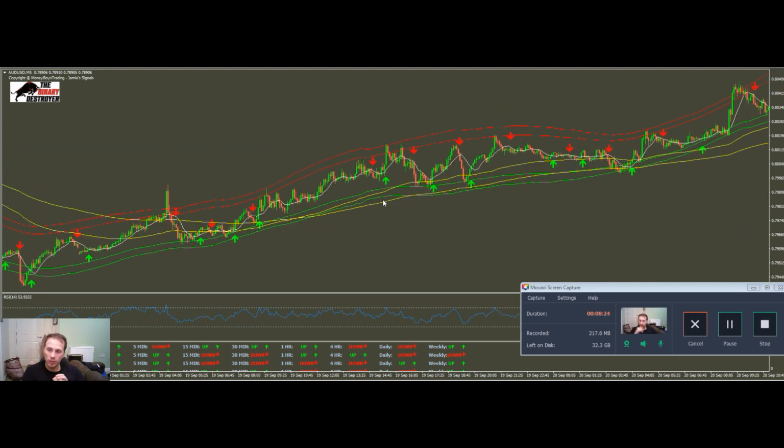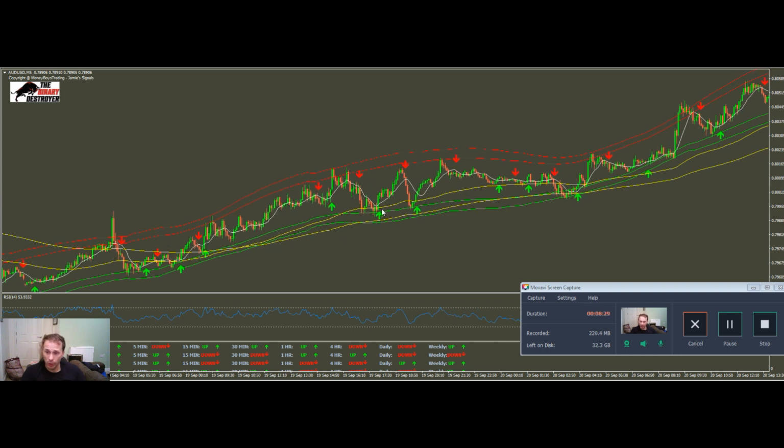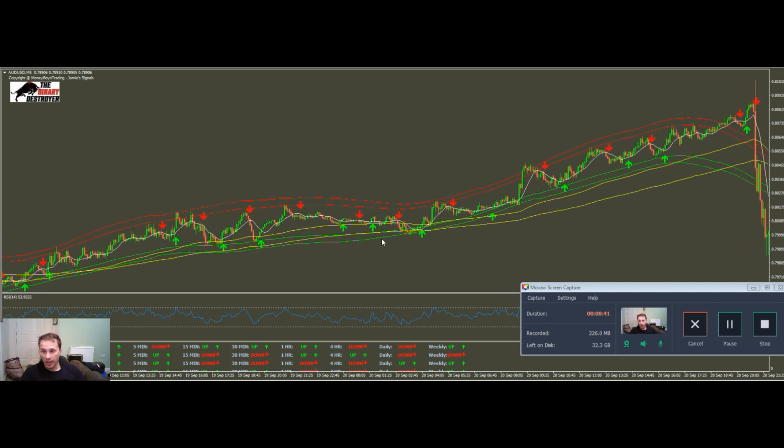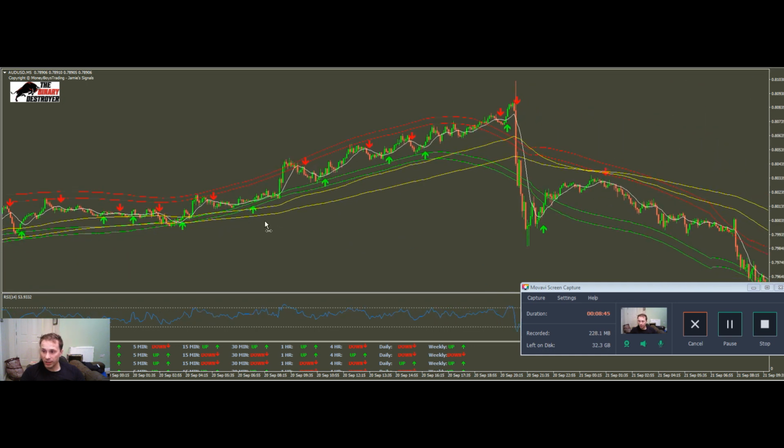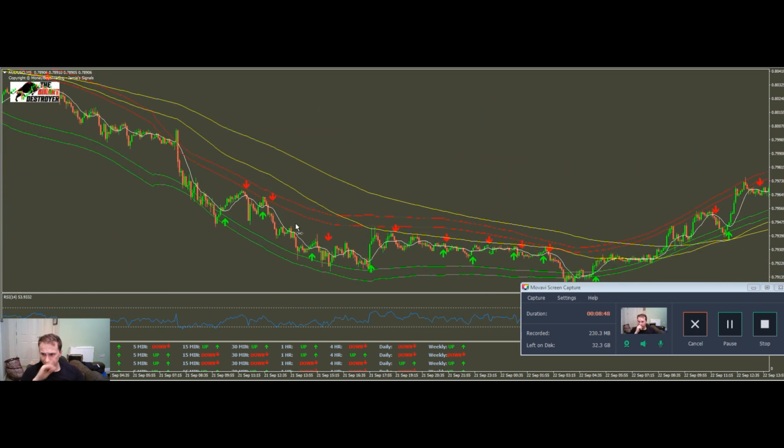But it only works in a trending market. Here the price is going up, price has gone into that zone, practically the buy zone in between the two EMAs. Signal appeared, winner. Again here, winner. Again here would have been a winner. And then it's just gone down from there on.